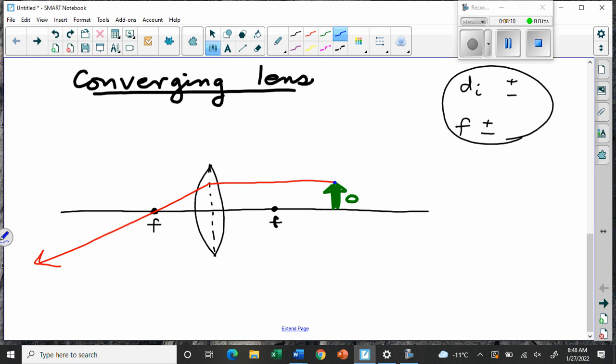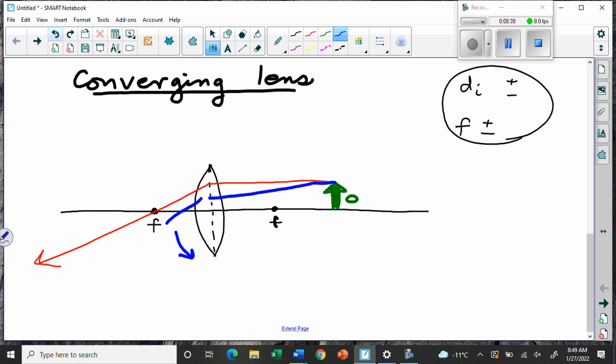So watch what happens if I aim for the focus on the other side. I get to here. I have to bend, and I have to bend this way, right? That's how refraction works, because I've gone into this more dense medium. So I have to converge, which means I have to go down somewhere like this, but none of those lines can be parallel to the principal axis. So the rule won't work if I aim for the focus on the other side.